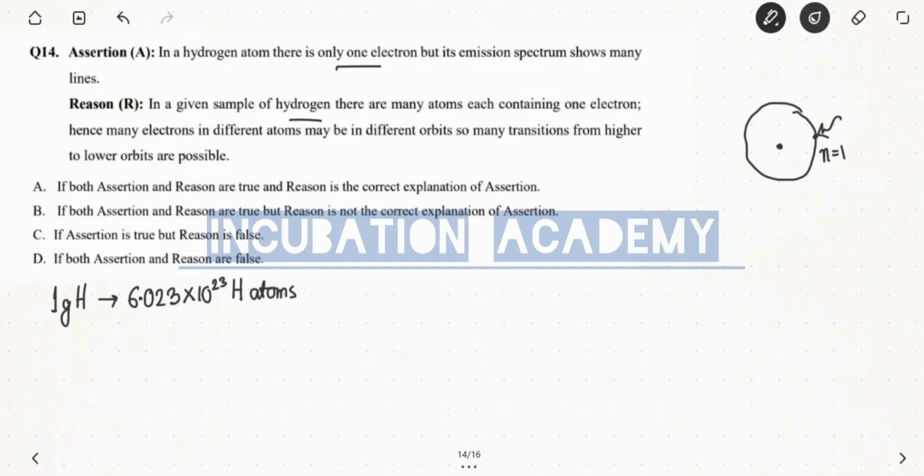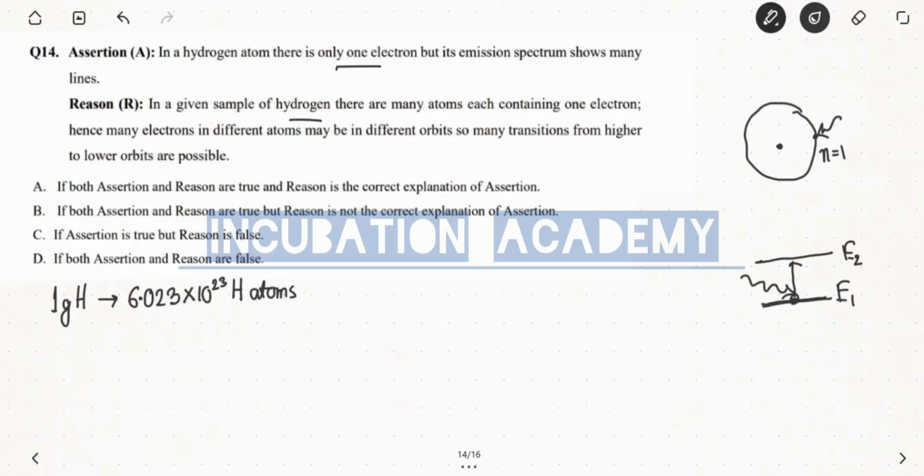Actually, Bohr's law says that if an electron is in a particular energy level, that is Ei, and some energy falls on it, it transits from the initial level to the final level. Obviously, its energy has increased.